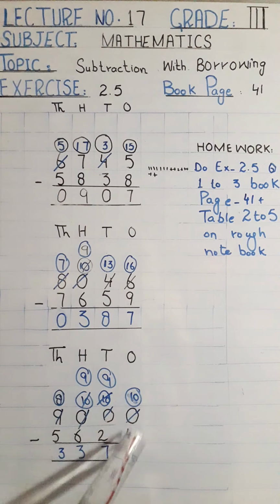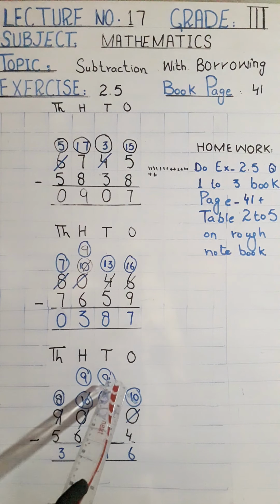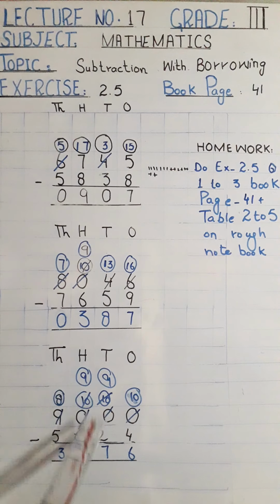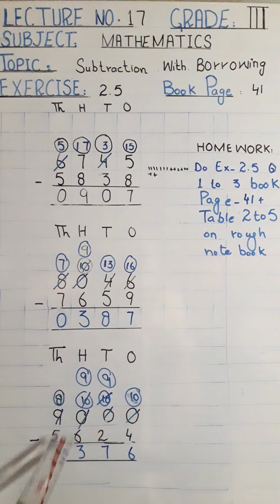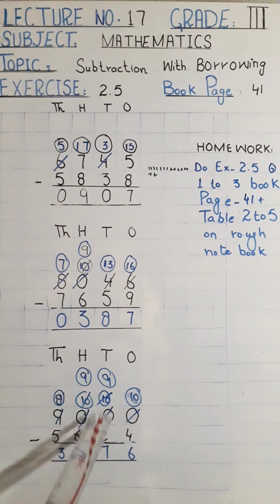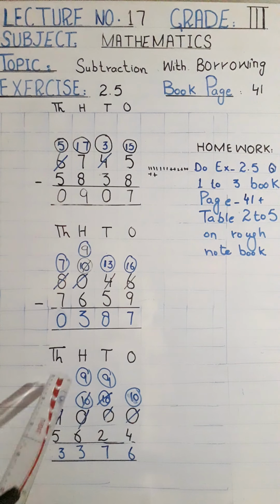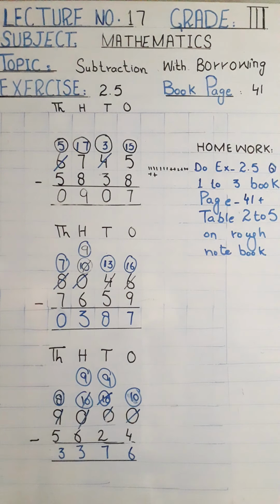So we remove 4 from 10, it's 6, 2 from 9, 7, 6 from 9, 3, and 5 from 8, 3.